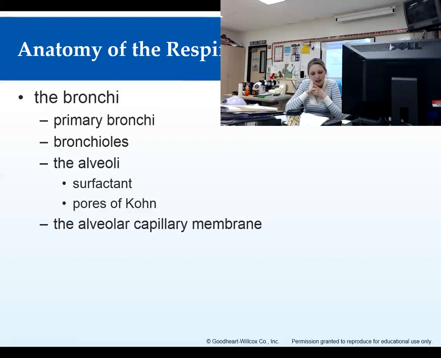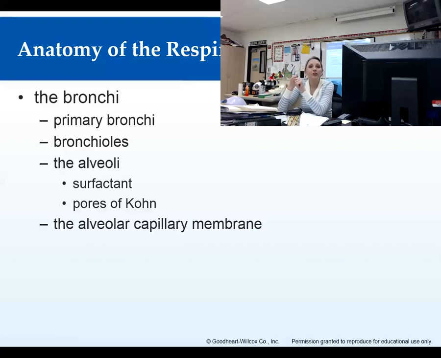Gas exchange, the alveolar capillary membrane down here, it's written at the bottom. This is just talking about that little bitty thin membrane between the alveoli and the capillary, very, very thin, so the gas exchange can occur really fast. It occurs very, very fast. I mean, within the blink of an eye, exchange has occurred and air is moving. So a few things that this helps with.